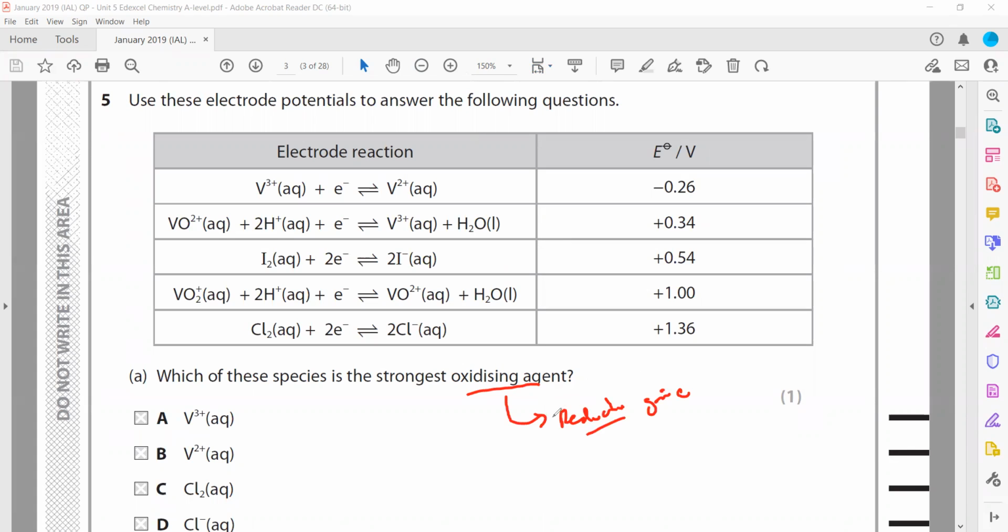The one with a higher positive voltage has a greater tendency to gain electrons, and all the electrode potentials are always given for gaining electrons. So we check which one has the highest positive value. See, chlorine has the highest positive, so chlorine will have a greater tendency to gain electrons. The Cl2 molecule.